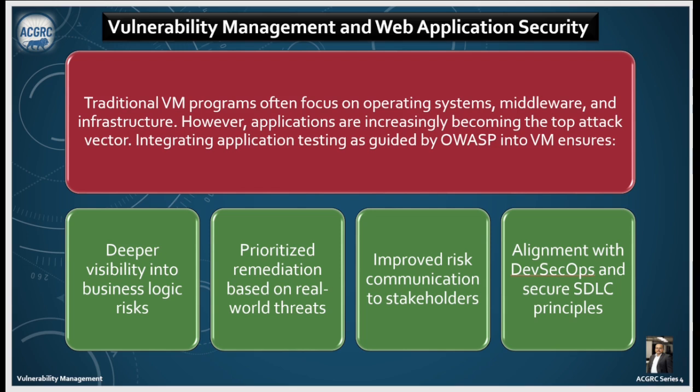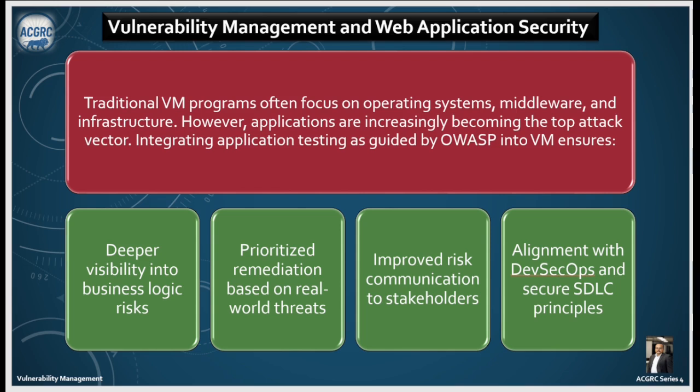These resources help you to understand what to look for in your application, perform technical testing as part of the vulnerability lifecycle, and align developers, testers, and security teams on a shared standard. Vulnerability management plus OWASP equals smarter security.